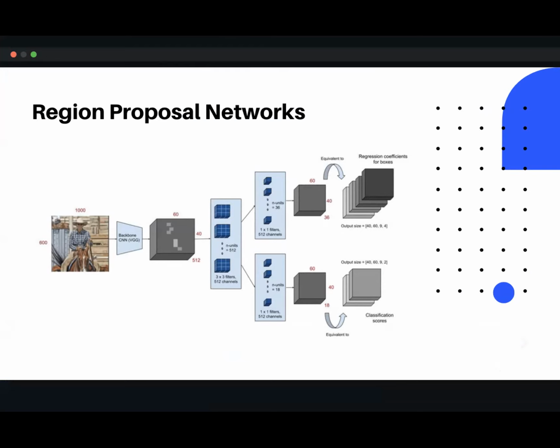Exactly the same thing is going to happen here, but we're no longer sliding on the image like this. We're going to be sliding on the feature map, the convolutional feature map. So here, we will slide a classifier at this place, a classifier at this place, a classifier at this place, a classifier at this place.